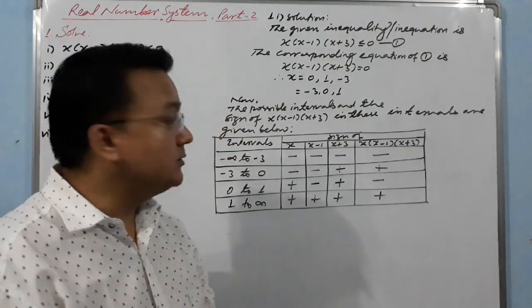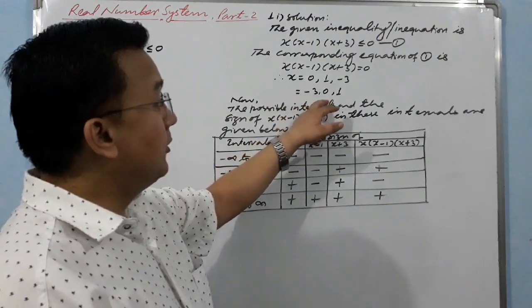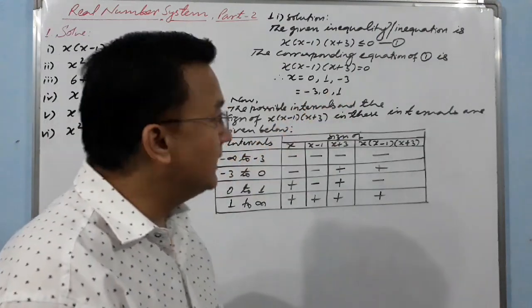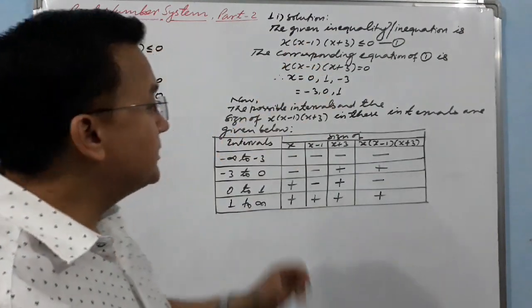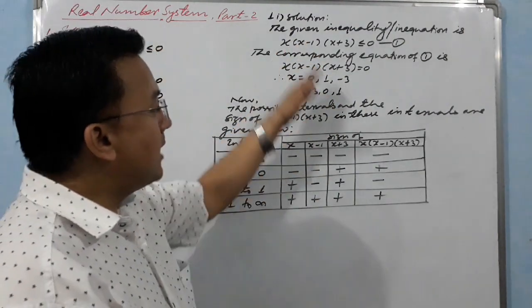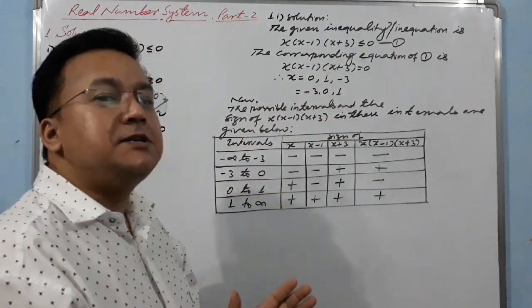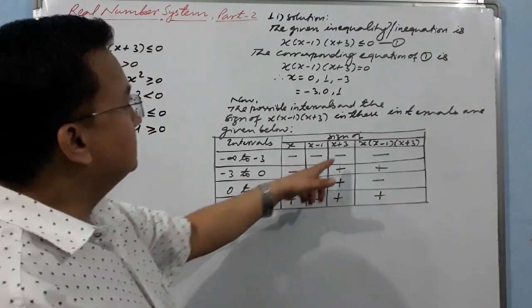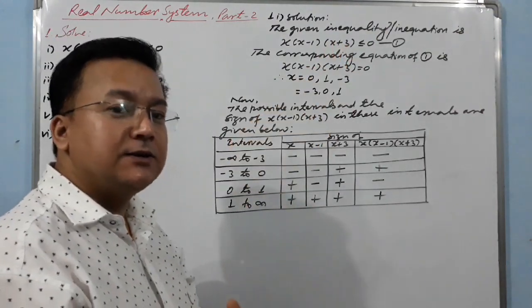Equal to 0 we will get at minus 3, at 0 and at 1. But we need less than or equal to 0, so check this. Equal to we will adjust with the interval. Less than 0 means negative.